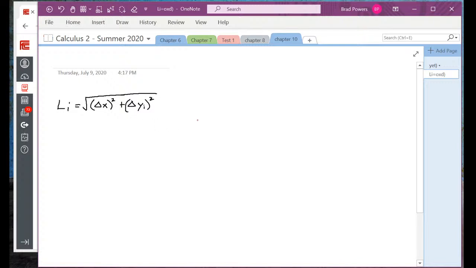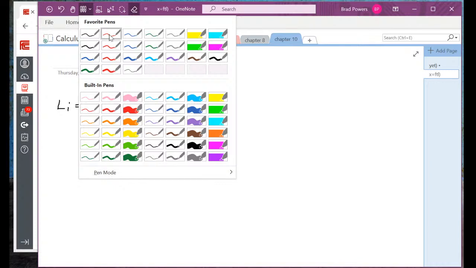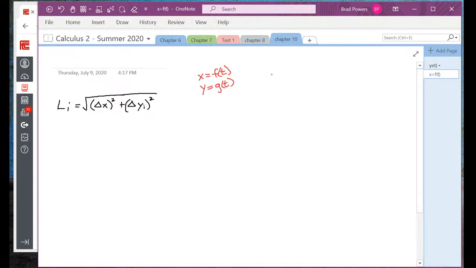Since both of these are functions of t, very similarly, we could say that x is f of t, y is g of t, and therefore delta x sub i could be the same as f prime of t sub i star times delta t, and delta y sub i could be the same as g prime of t sub i star times delta t.